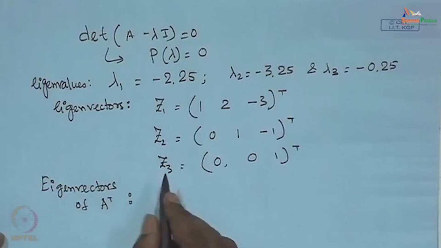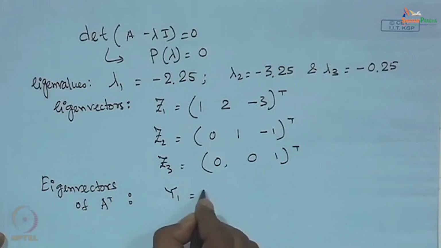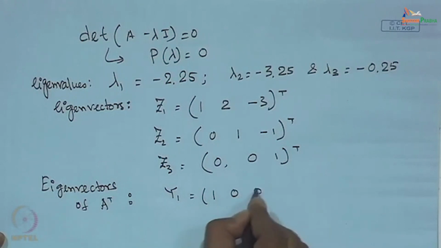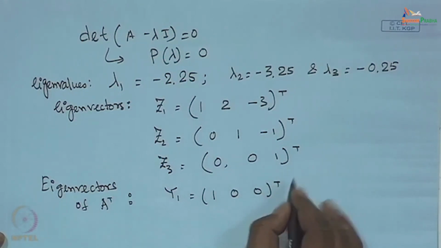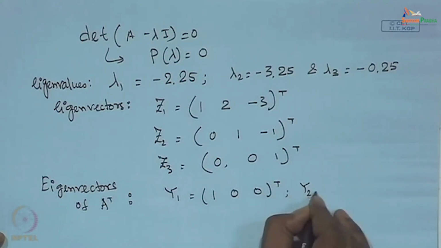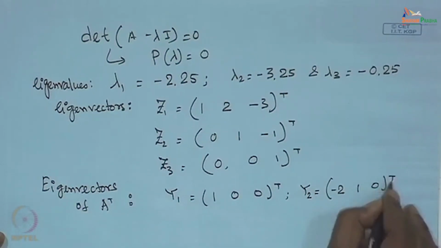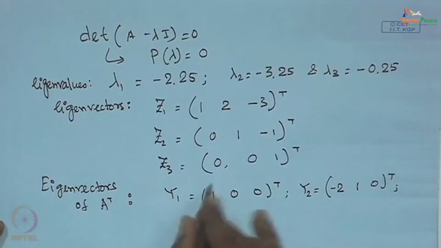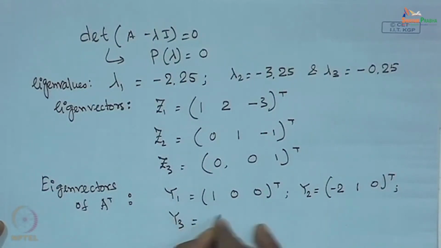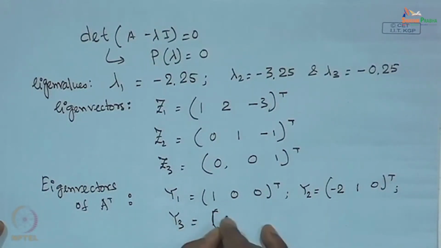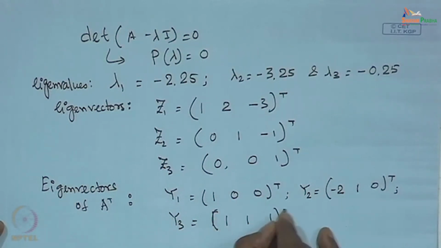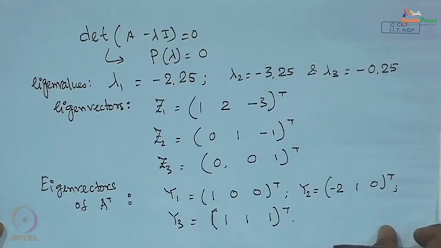These will be y1 is [1, 0, 0] transpose, y2 is [-2, 1, 0] transpose, and y3 will be [1, 1, 1] transpose. So, these will be the eigenvectors of A transpose.